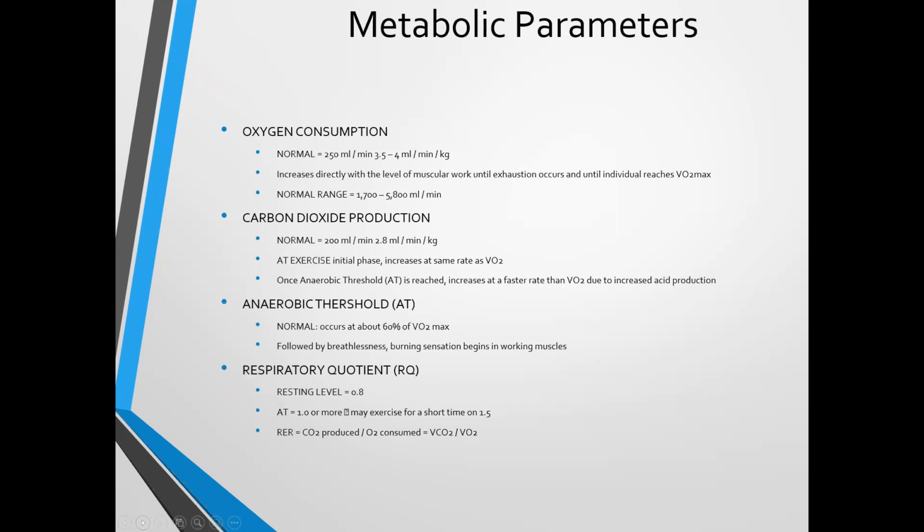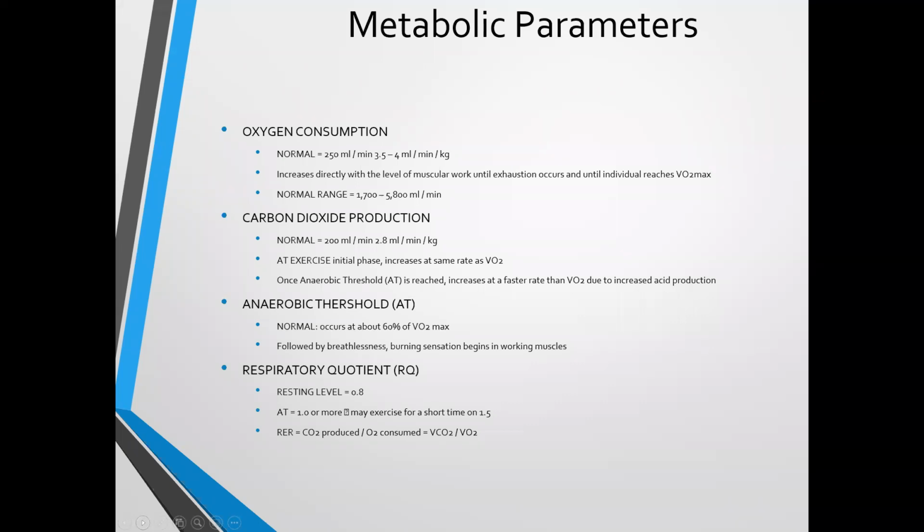Let me give you a little bit more on the normal range under stress conditions. Carbon dioxide production is normally 200 milliliters per minute, and again 2.8 milliliters per minute per kilogram, just giving you a little more granularity. Anaerobic threshold occurs at about 60% of oxygen uptake, or VO2 max, followed by breathlessness and a burning sensation due to the production of lactic acid.